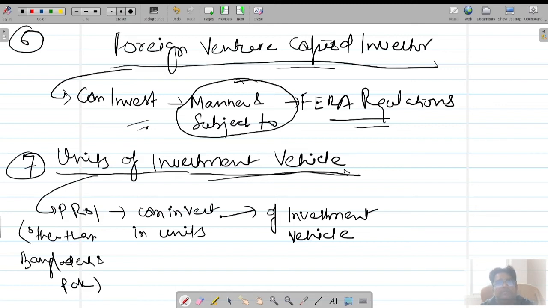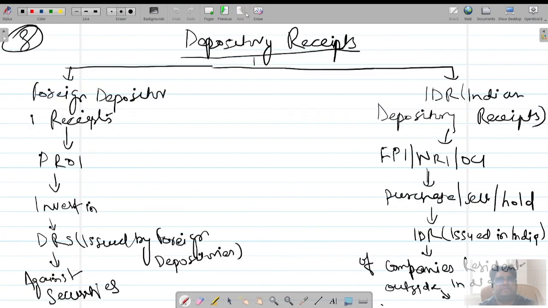Who can make investment in them? A person resident outside India or entities registered outside India other than Bangladesh and Pakistan can invest in units of an investment vehicle. That is, they can invest in an investment vehicle also, except Pakistan and Bangladesh and entities registered in Bangladesh and Pakistan.